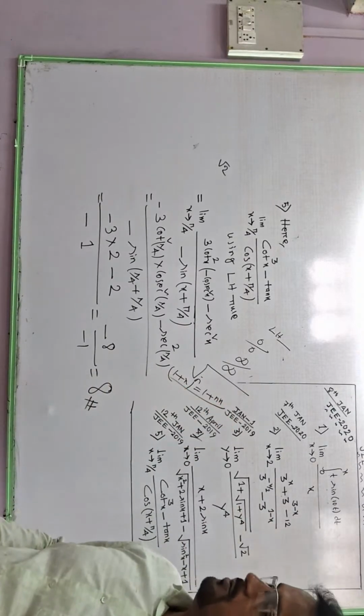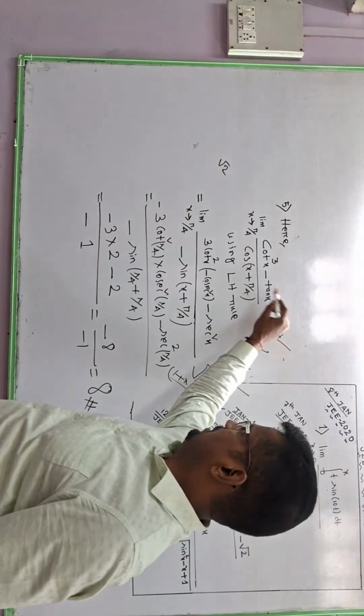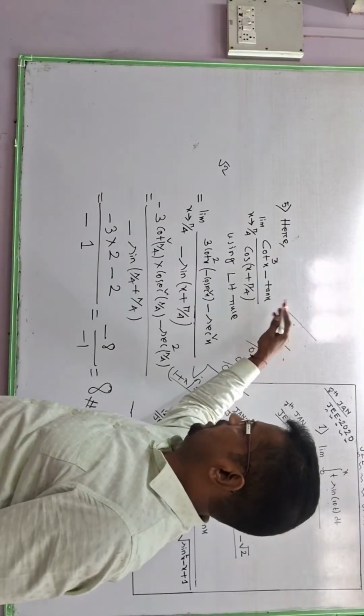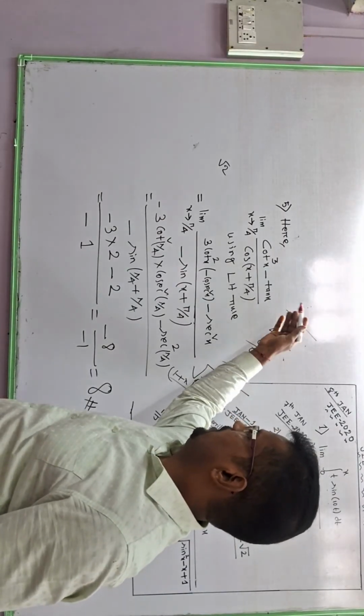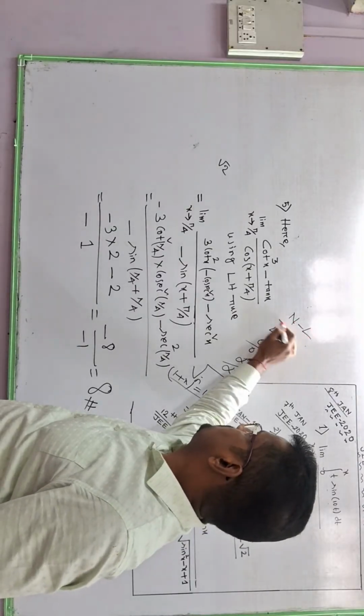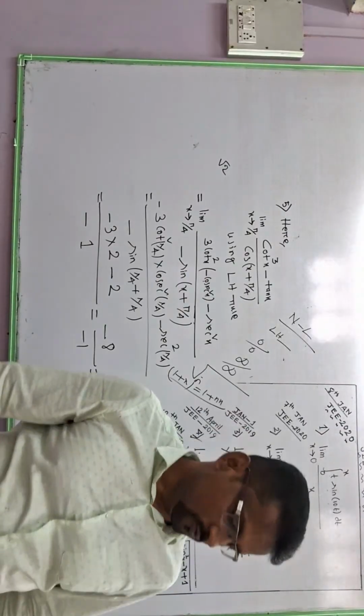Then while using L'Hospital's rule, if a definite integral is there in numerator or denominator, then to find the derivative of the definite integral you have another rule, Newton-Leibniz rule, and I explained how to use it. Thank you.